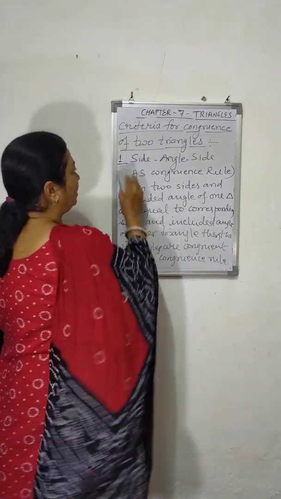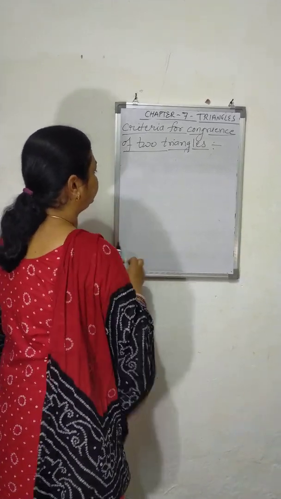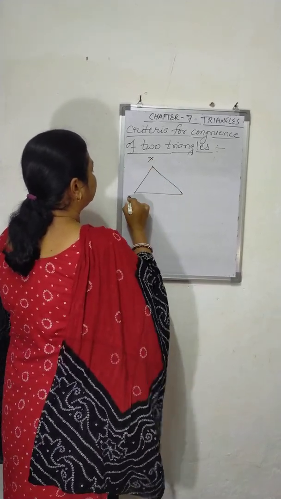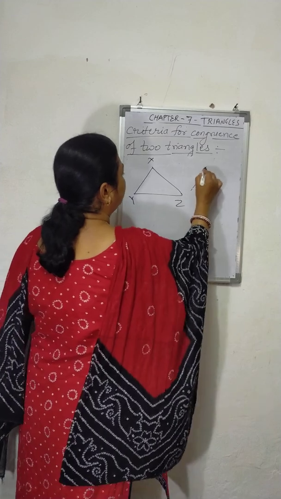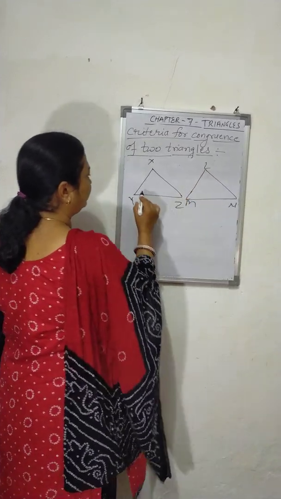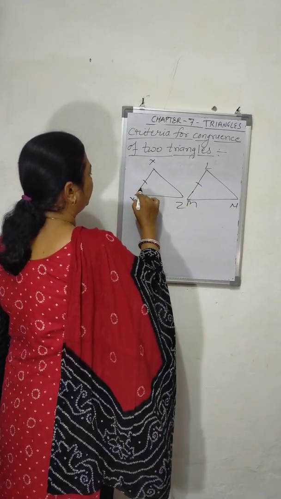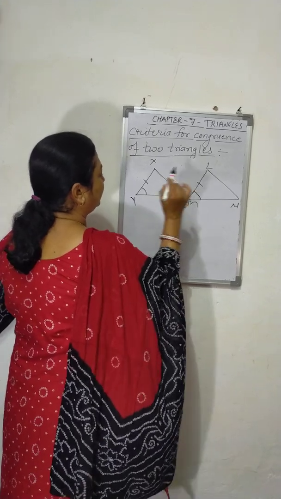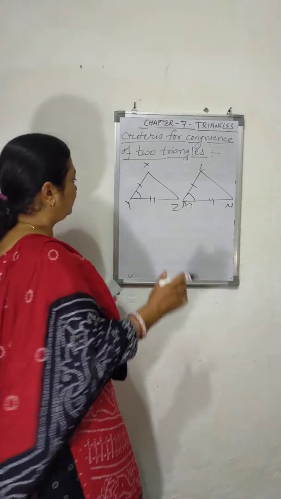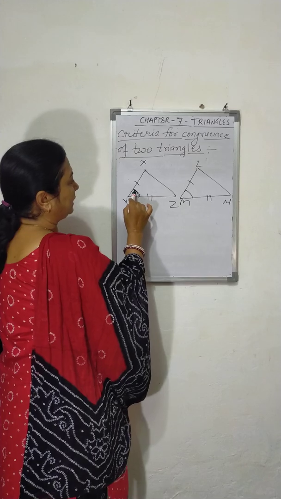I am showing how two triangles can be congruent under the SAS congruency rule. Suppose two triangles XYZ and LMN are given with the condition XY is equal to LM, angle Y is equal to angle M, and YZ is equal to MN. So here you can see two sides and the included angle.